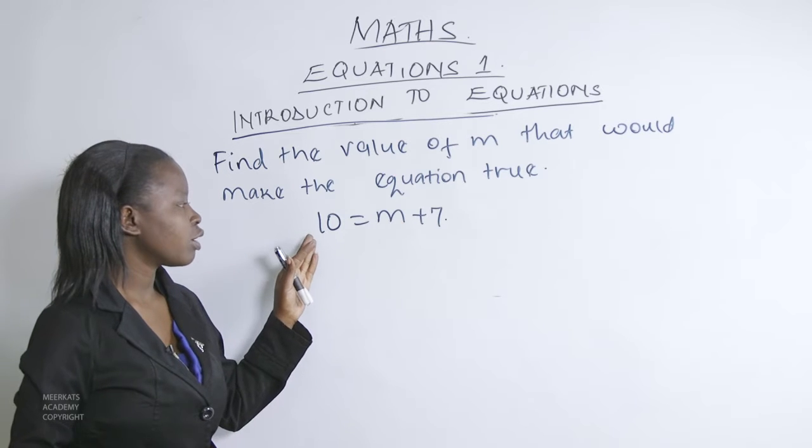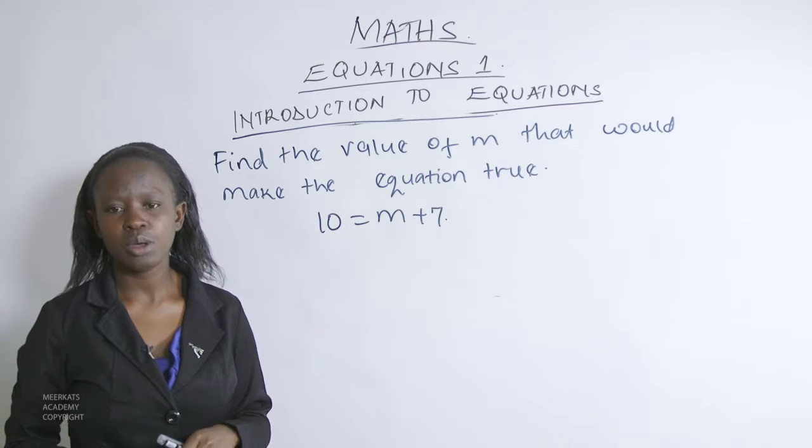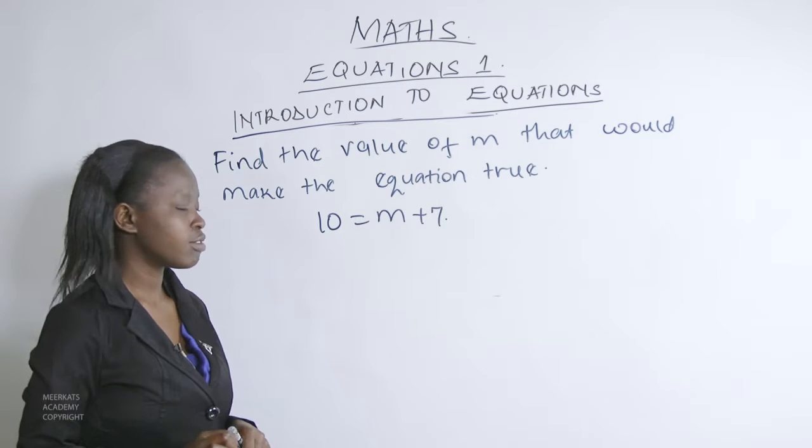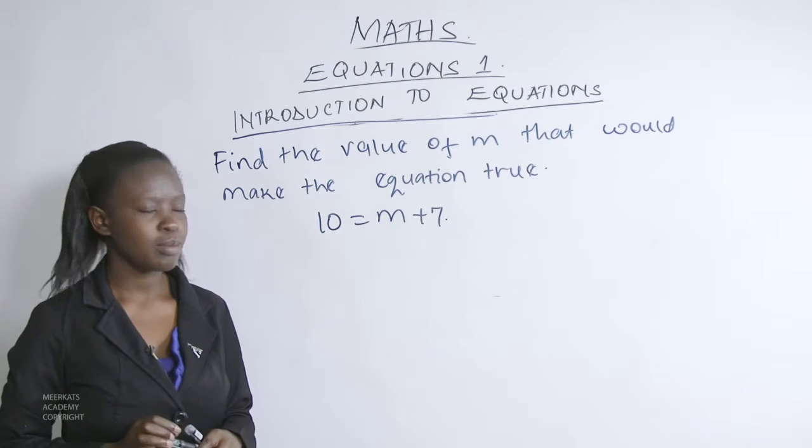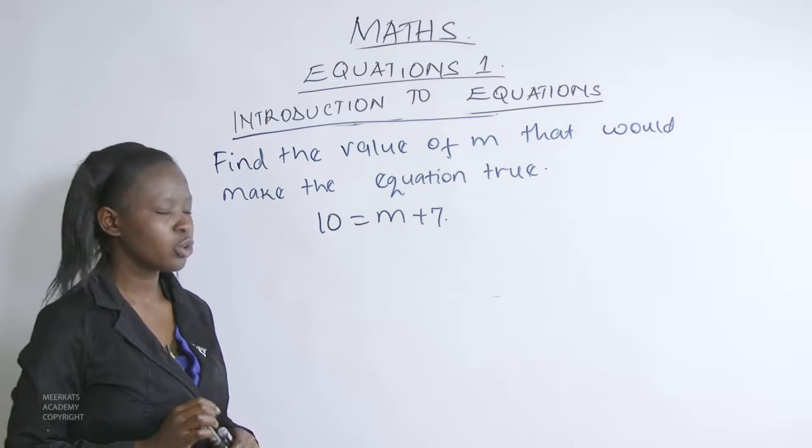So the equation we are having is 10 is equal to m plus 7. We need to get the value of m that will make our equation true.